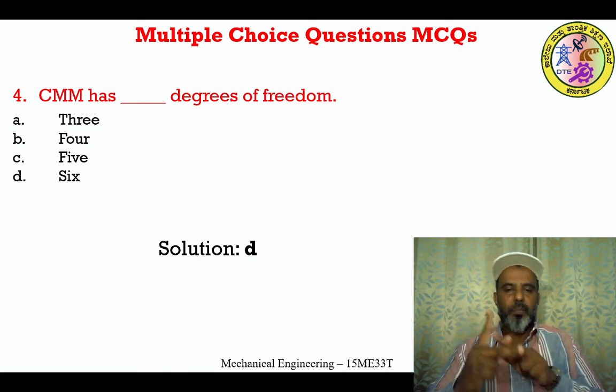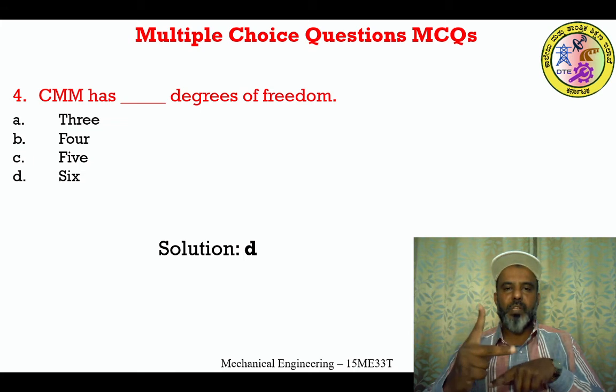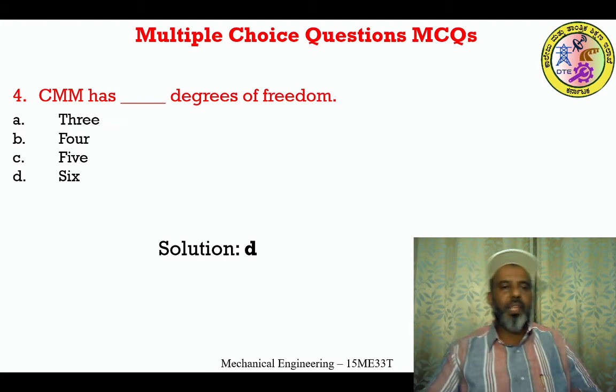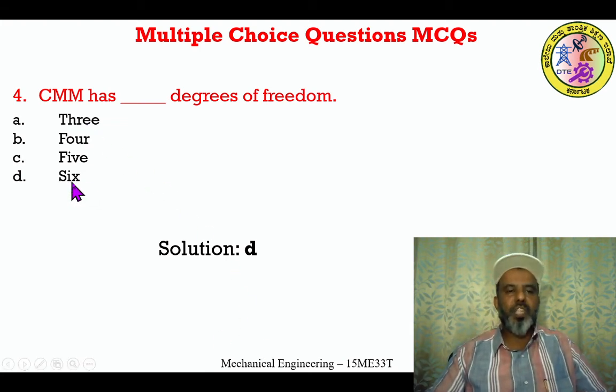There are 3 mutually perpendicular axes. These form 3 degrees of freedom. If there is rotary motion, or linear on the reverse side, then it has plus 3. Therefore, the answer is 6. The total degrees of freedom in a CMM is 6.